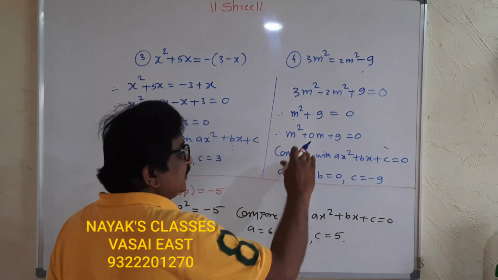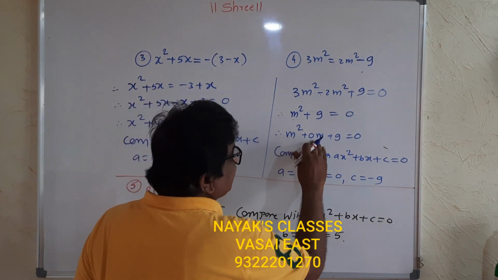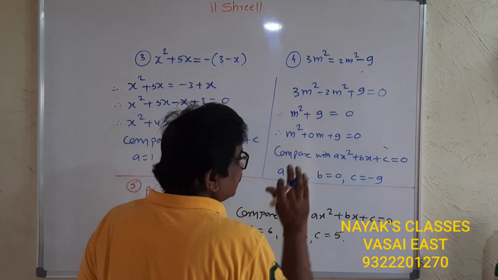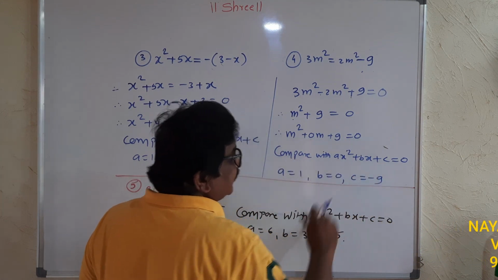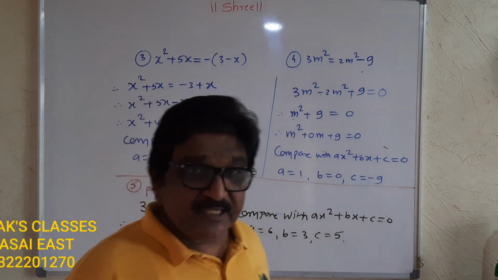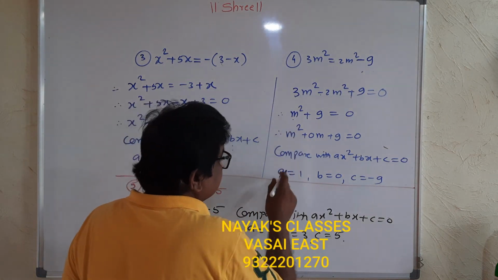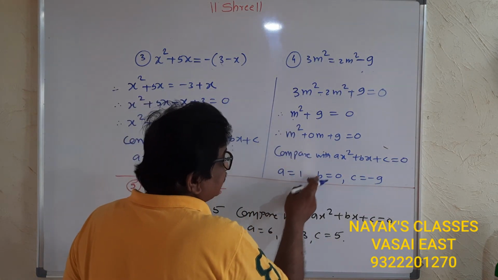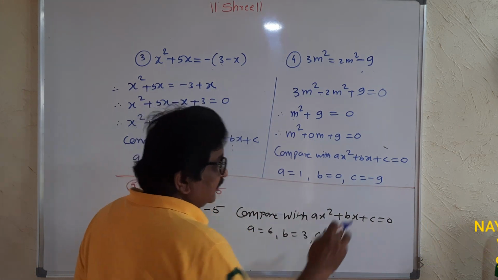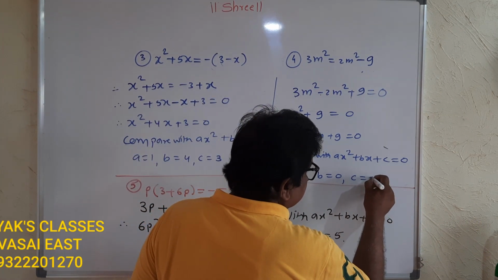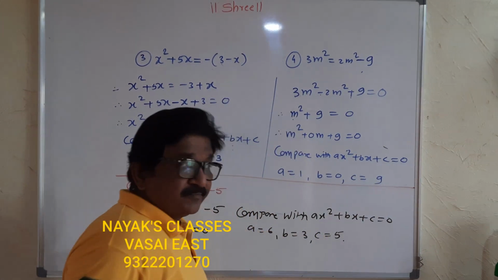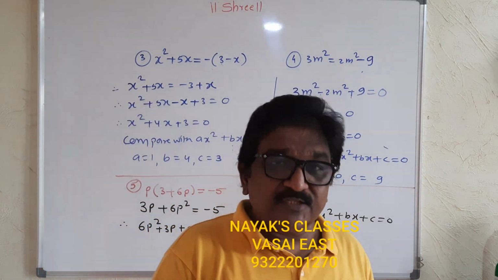So the middle term has got 0. m square plus 0m plus 9 is equal to 0. When you compare this with ax square plus bx plus c is equal to 0, you will get a is 1, b is 0 and c is plus 9. So these are the things.